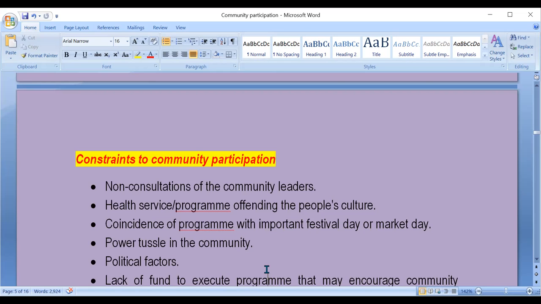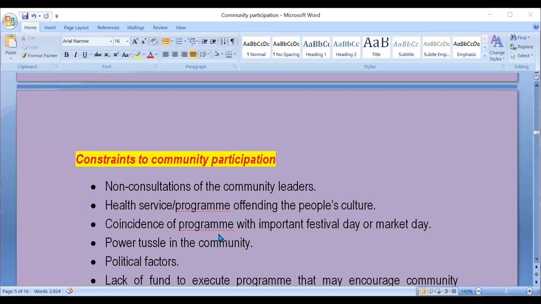Another constraint is coincidence of the program with a festival day or market days. From experience, if you go for supervision during the days that a particular community has their markets, for instance, you want to go for supervision of an immunization activity, you are most likely going to have issues if your program coincides with their festival day or market day.